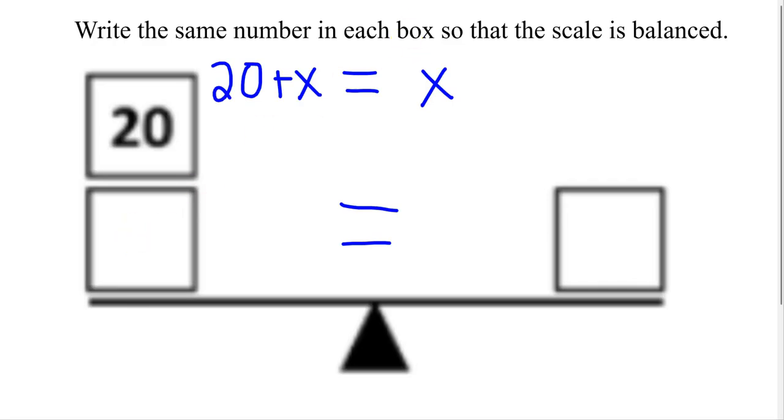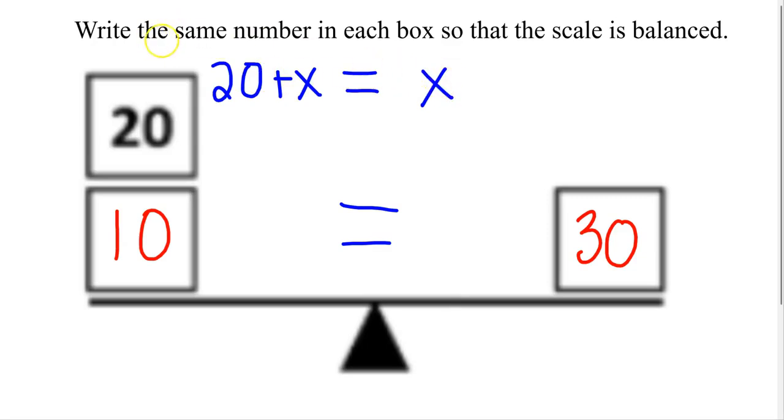All right, let's try a couple. Let's say we put 10 over here. I've had students say, well, this is 10, so then that means this is 30. That is a true equation, but it doesn't match our algebraic equation that we have here.